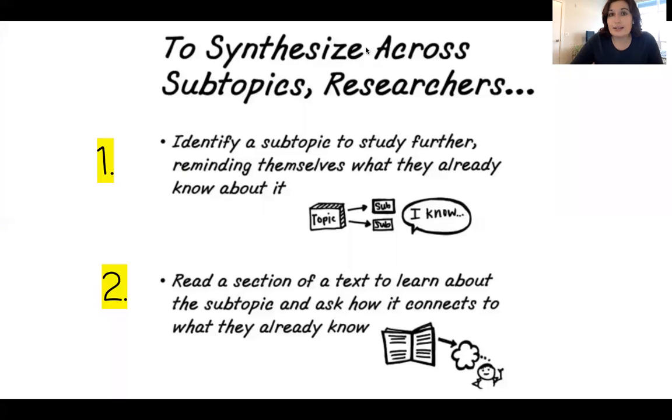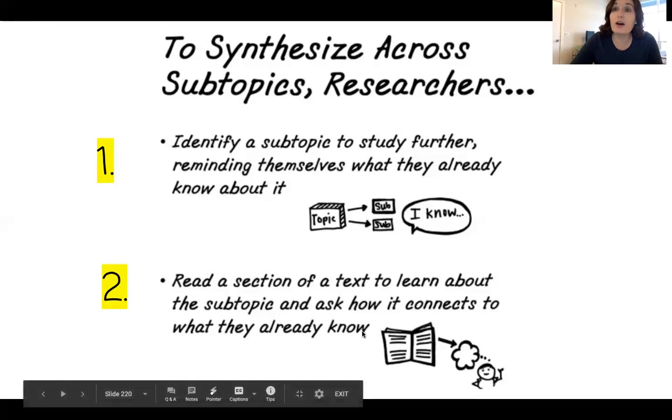To synthesize across subtopics, researchers use 3 different strategies to do this. And I'm going to read through each strategy now, and then we're going to try this together. First, they identify a subtopic to study further, reminding themselves what they already know about it. 2, read a section of a text to learn about the subtopic and ask how it connects to what they already know.